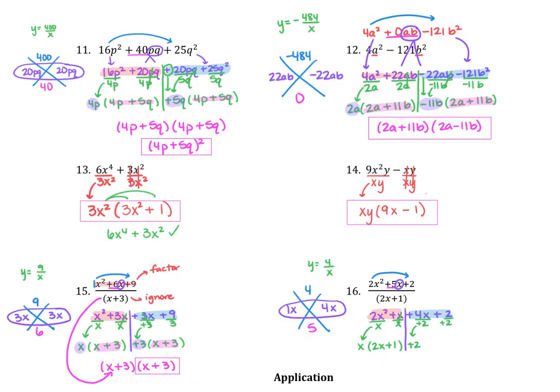So my GCF is positive 2. 4x divided by 2 leaves me 2x, and 2 divided by 2 leaves me 1. Notice that these two parentheses match, so that is my first binomial. And take my leftovers of x plus 2 to make my second binomial. Now remember here where it's different, that denominator is one of your parentheses, your answer is the other parentheses.